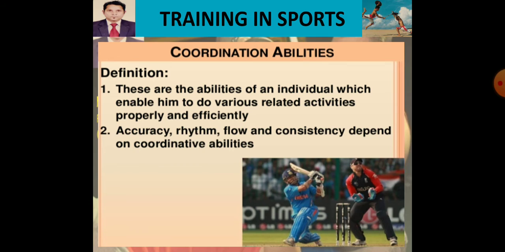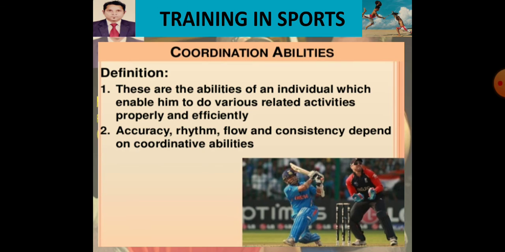Like in volleyball there are 6 players, and each player is coordinating. The player performing one action is coordinating with another. The player performs the tip, another player is ready for the smash. The one player is coordinating with another. Even in the individual's body, one part of the body is coordinating with another part of the body.